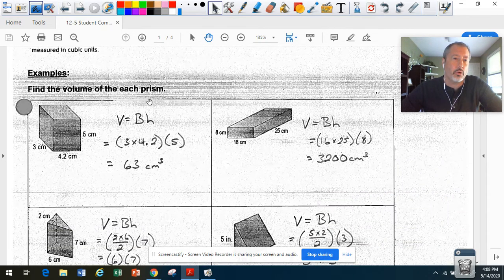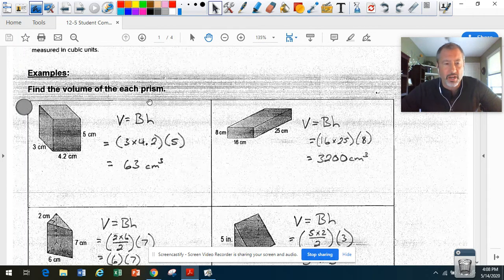Now, these ones here are pretty easy, okay? Because if you have some type of a rectangular prism or a square prism, the shortcut is volume equals length times width times height. We're just multiplying all three of these numbers together.